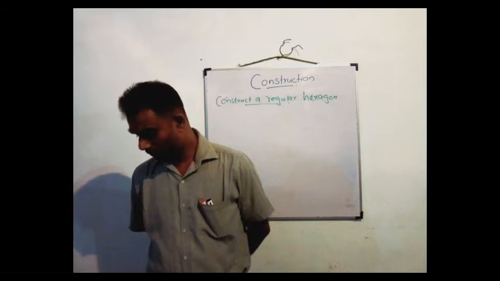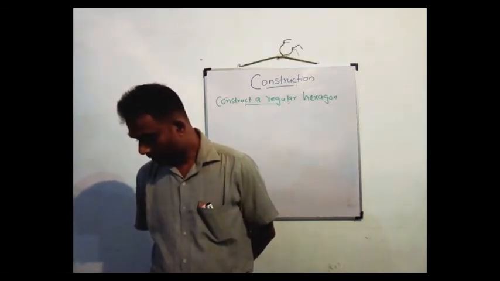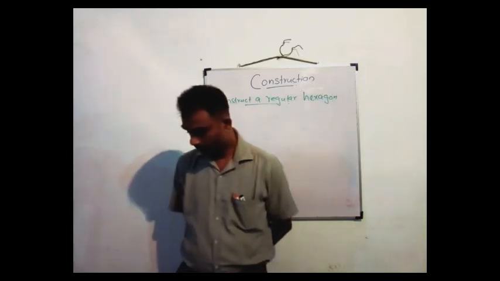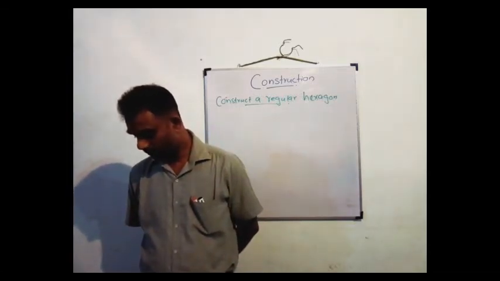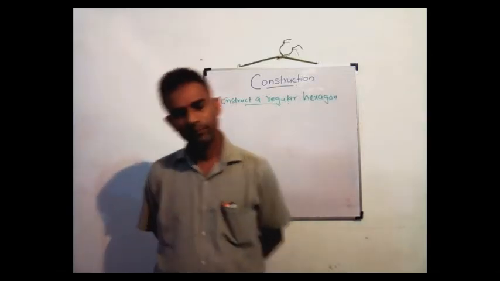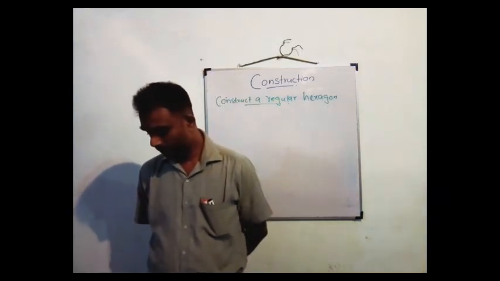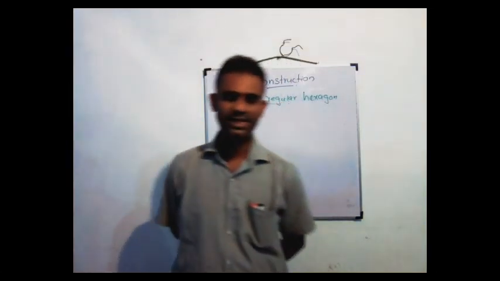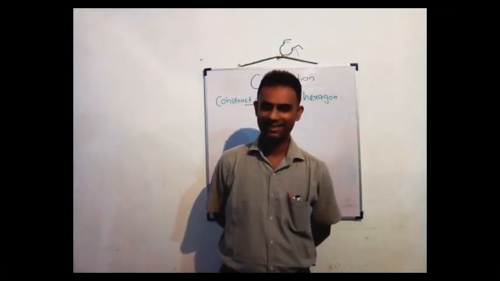Full stop. The two dimensional shape has six sides, six vertices and six angles.